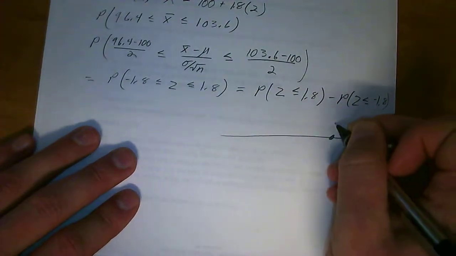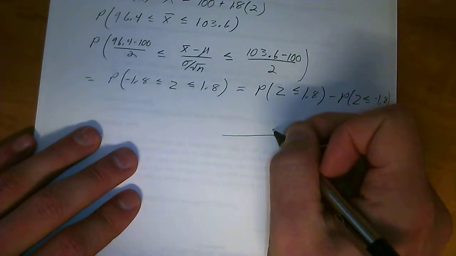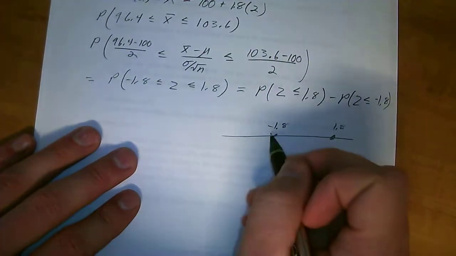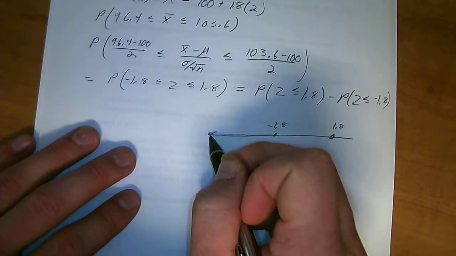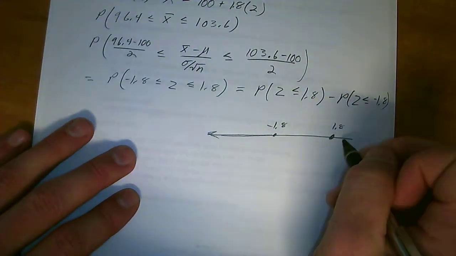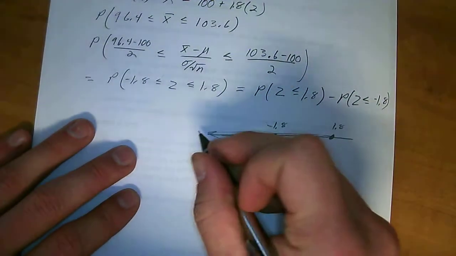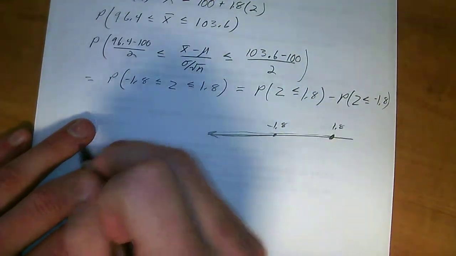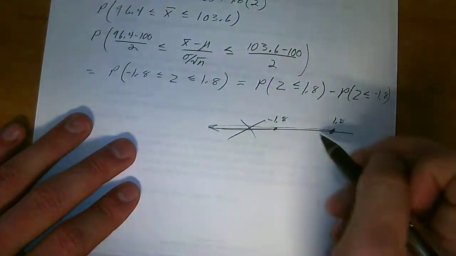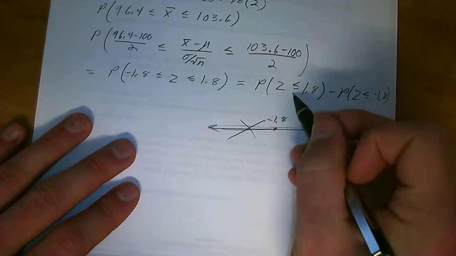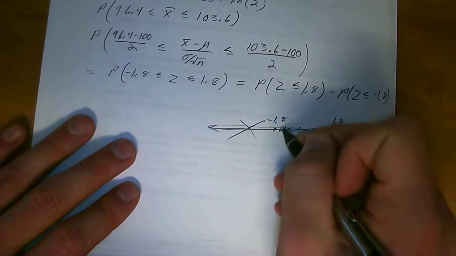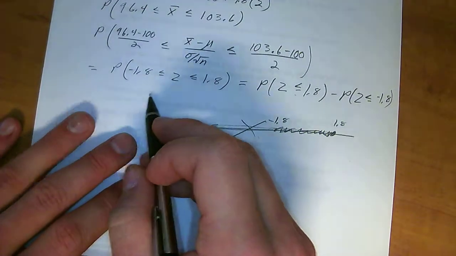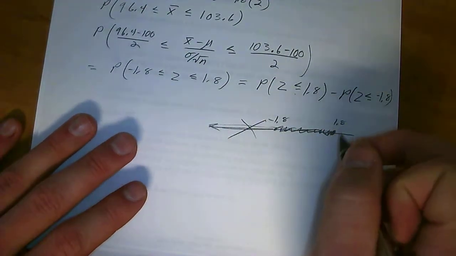If you've got 1.8 right here, and negative 1.8 right here, and you're doing less than negative 1.8, well, you've got all of that out to negative infinity. So if you get rid of this infinity, just kill it from this one, then you get this area in here, which is what you're going for with this probability.